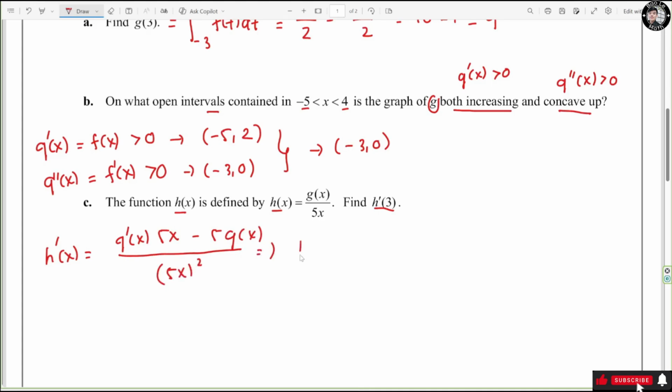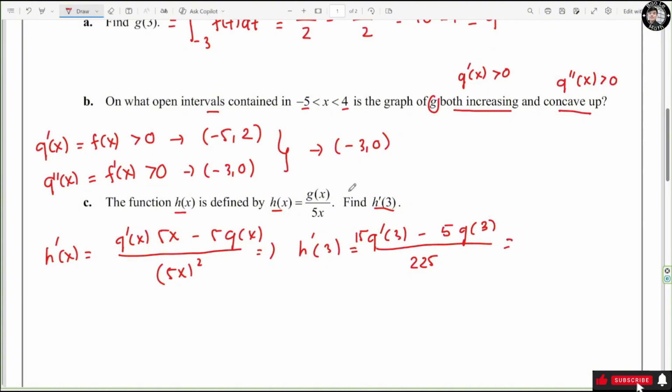Then h prime of 3 is g prime of 3 times phi of 3, which is going to be 15, so I put 15 in the front, minus phi prime times g of 3, over 5 times 3 equals 15 squared, which is going to be 225.